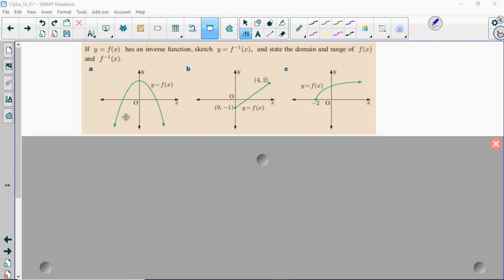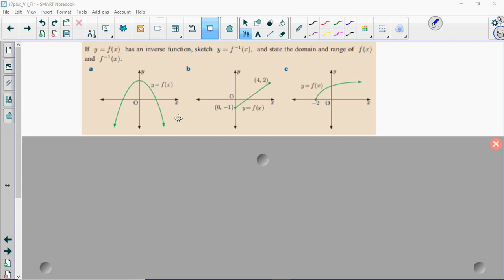So this first one does not have an inverse, so I'm not going to bother with any of the stuff they're asking for, because they only want it if it has an inverse function. And in common speak, if it's not an inverse function, we'll usually just say it doesn't have an inverse. Technically, it does have an inverse relation, but you'll probably catch me saying it doesn't have an inverse, so you can say that too.